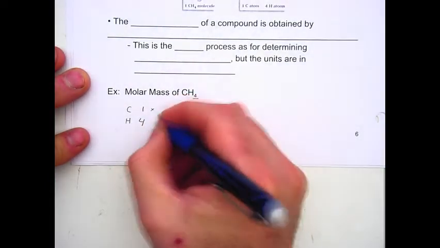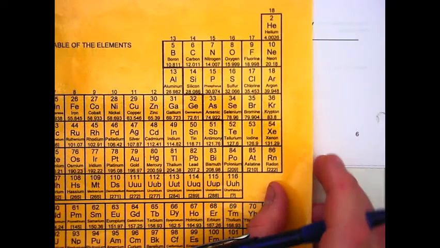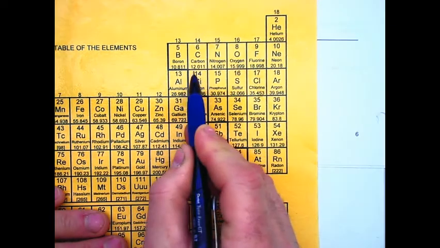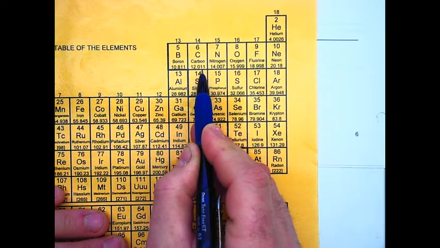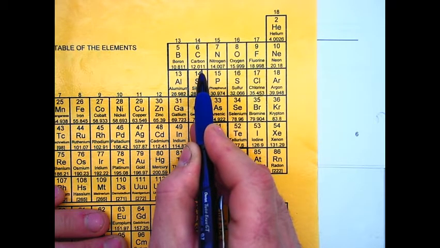We then multiply each of those numbers by the average atomic mass of each element as found on the periodic table. When we look on the periodic table, we see that carbon has an average atomic mass of 12.011. Remember, when you read the average atomic masses from the periodic table, you always round off to 2 places past the decimal.